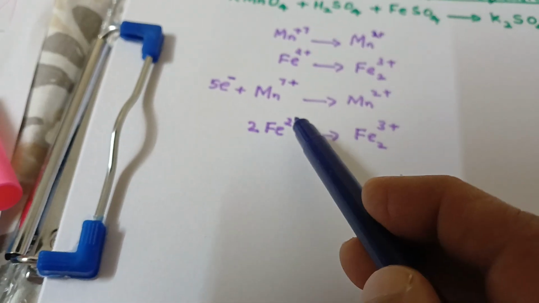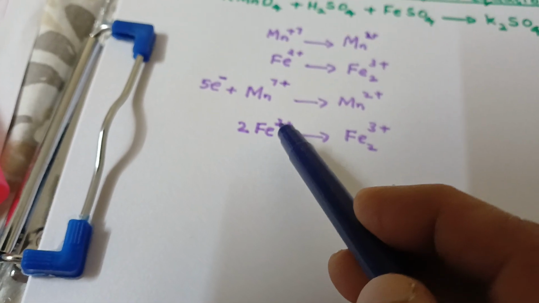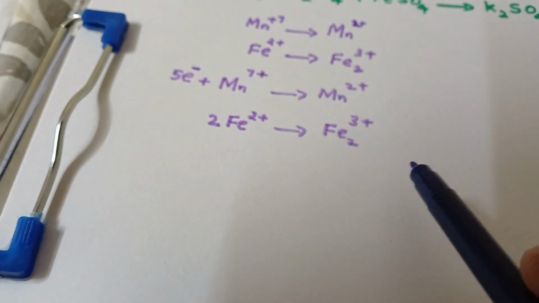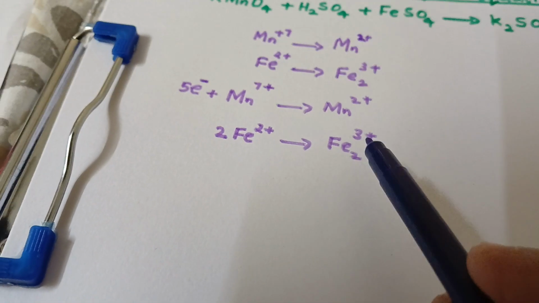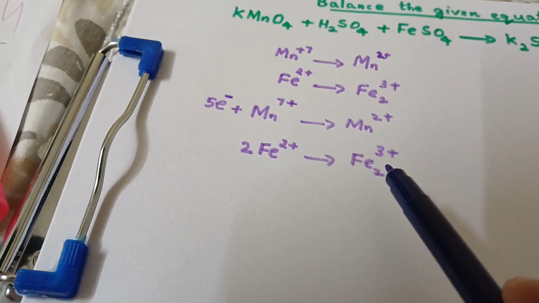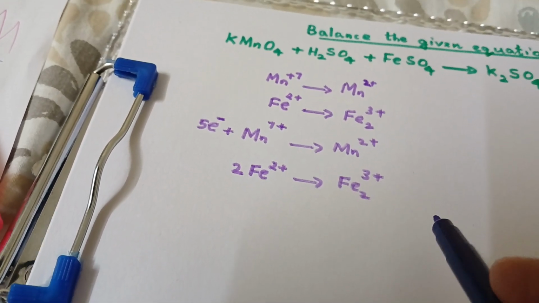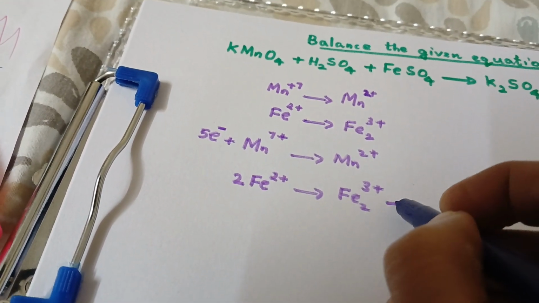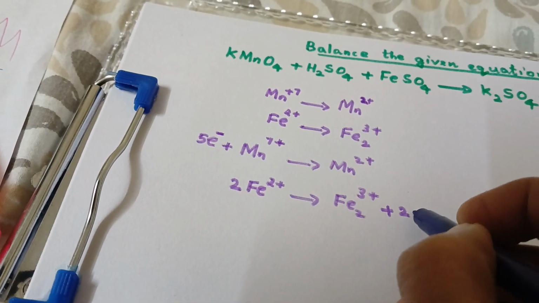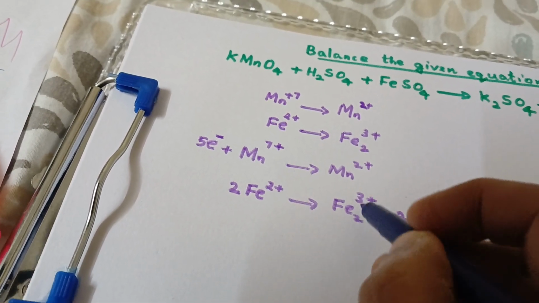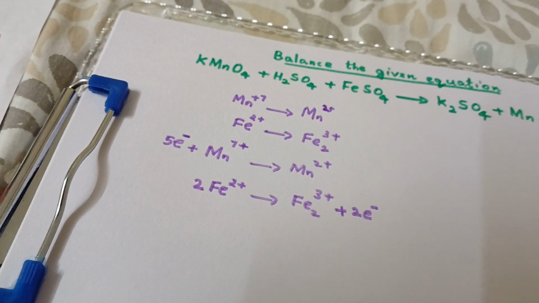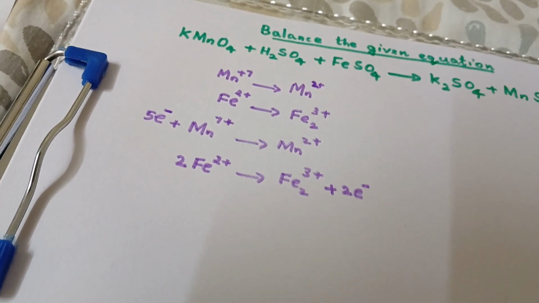Here 2 into 2, +4. And here 2 into 3, +6. So the difference between 4 and 6 is 2. Let us add 2 electrons to the more positive side. This is 6 plus and this is 4 plus. Now that is also done.